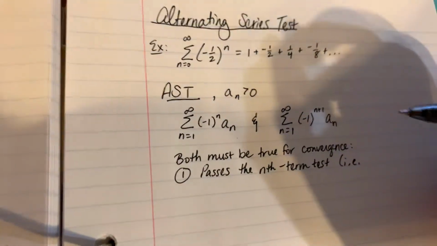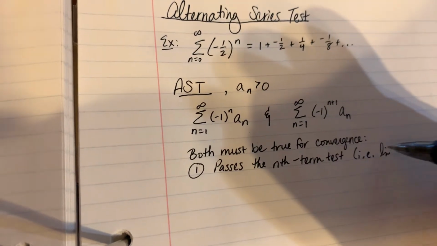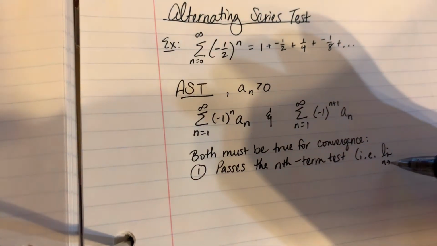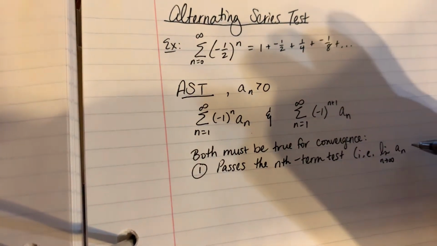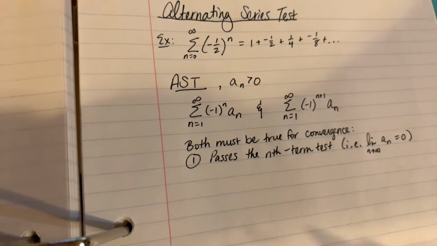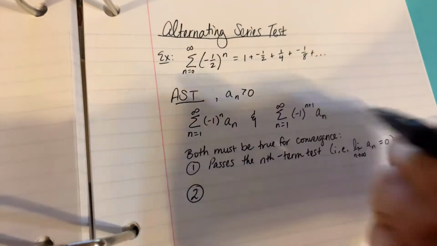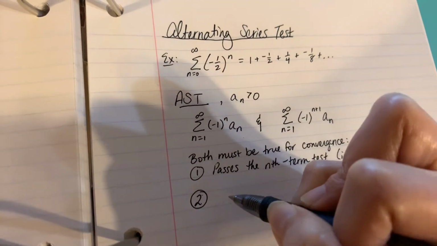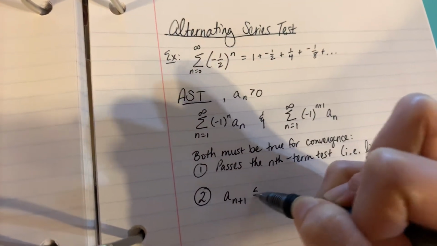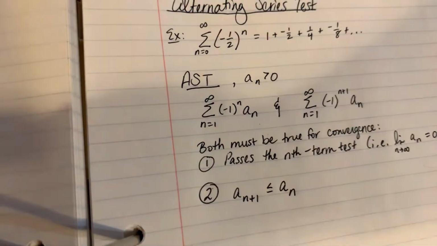In other words, the limit as n goes to infinity of a_n equals 0. And then 2, a_{n+1} is less than or equal to a_n.